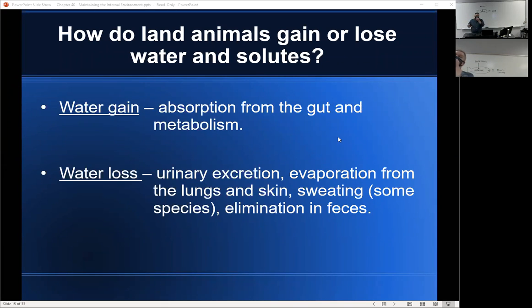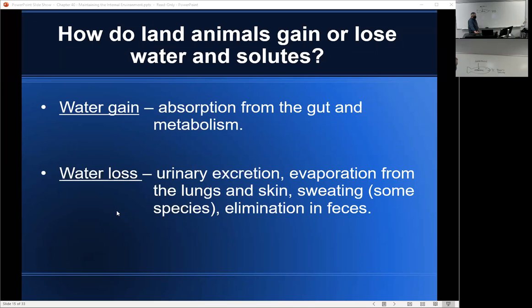Metabolism: when we think about aerobic respiration, remember that when we use oxygen as a final electron acceptor, we make a molecule of water. So by metabolizing by aerobic respiration, we're actually making water. That's known as metabolic water. It's not enough to sustain us, but we do make a small fraction of the water that we need.